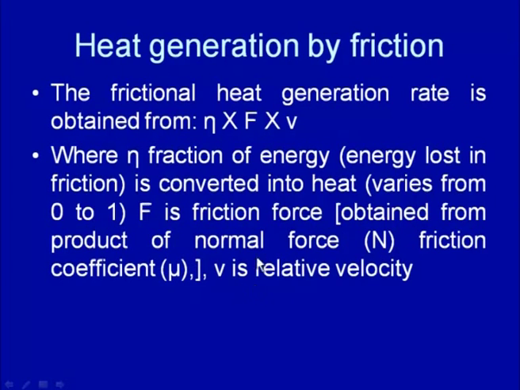At the same time, an increase in relative velocity will further help in localizing the heat generated by the frictional effect. That is why, in all those welding processes in which the heat is generated by friction for the softening of the faying surfaces, usually a high normal force and a high relative velocity are used.